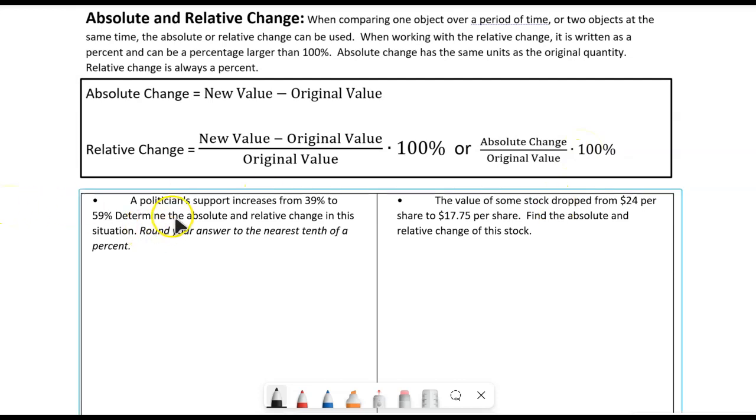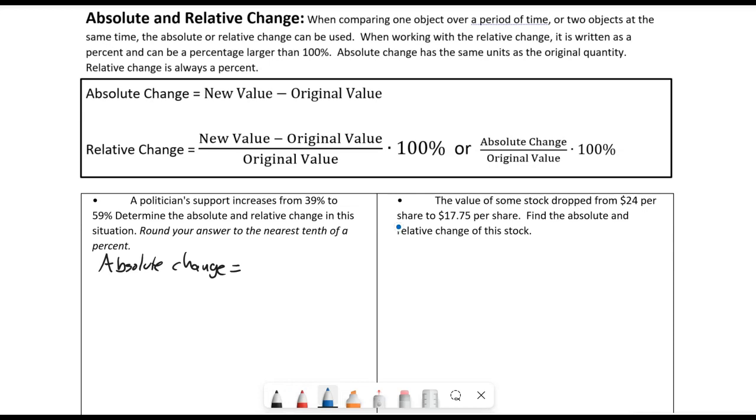We have this example. A politician's support increases from 39% to 59%. Determine the absolute and relative change in this situation. Round your answer to the nearest tenth of a percent. So let's start off with the absolute change. We have the formula, new value minus original value.